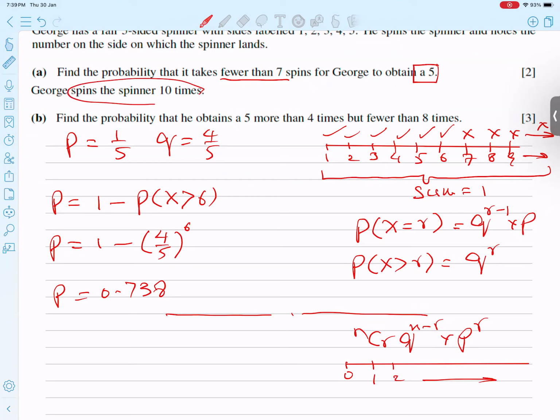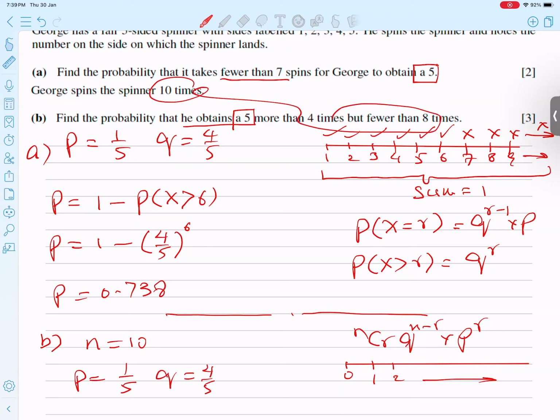He said the total is 10 numbers, so n is 10. This is part B I'm doing, part A done. So again, my probability of favor is 1 upon 5, and q is 4 upon 5. Wait a minute. He said the probability he obtains 5 or more.